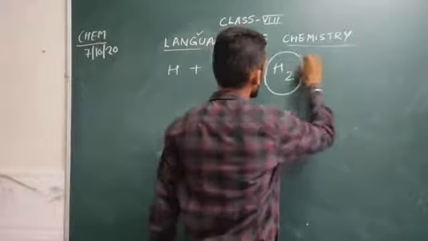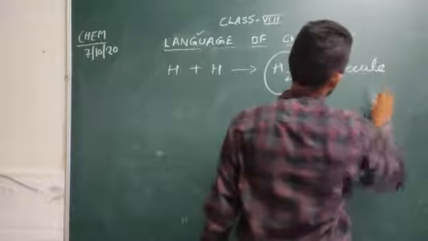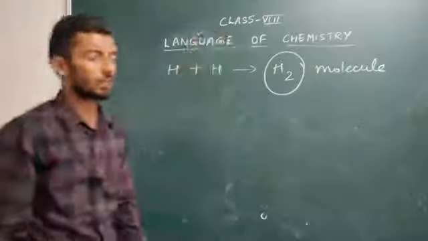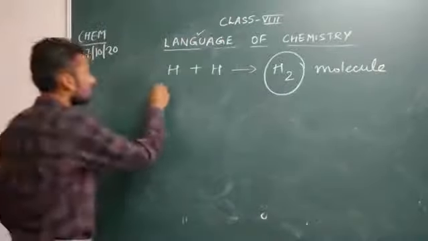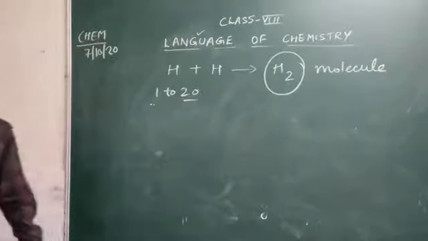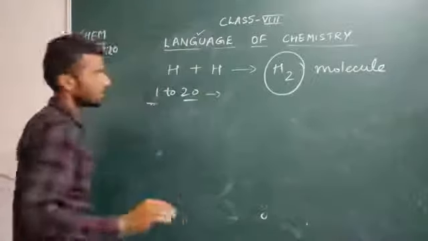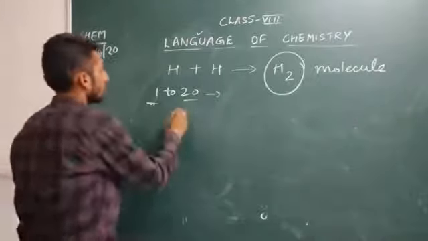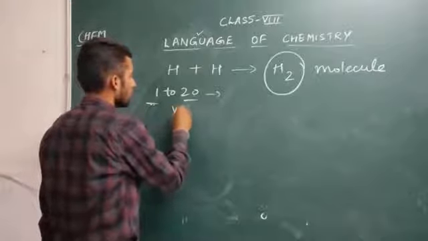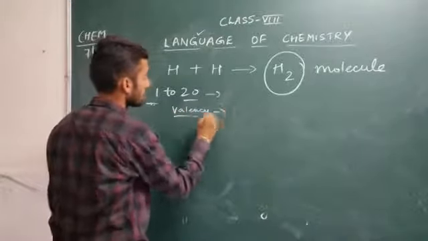Now how are the molecules formed? For that you must first of all learn the 1 to 20 elements properly, in sequence. After that, one topic is there, that is valency, that needs to be studied.